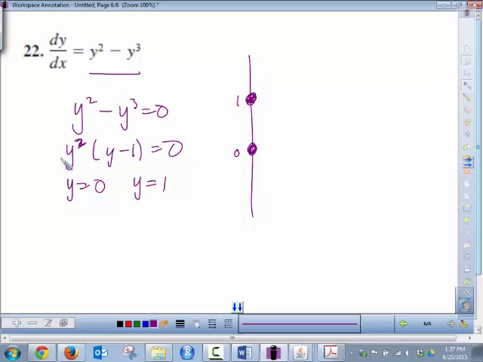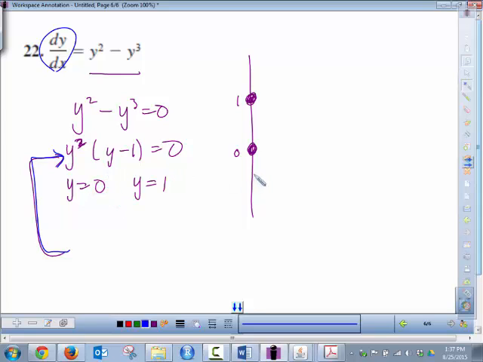Just like in calculus when we used the first derivative test to find the maxes and mins, we can just try some values between them and see whether they're positive or negative. If they're positive, then they're increasing. If they're negative, they're decreasing, because that's the slope.